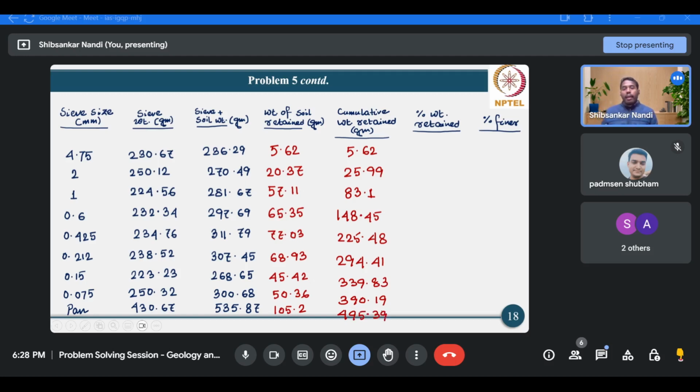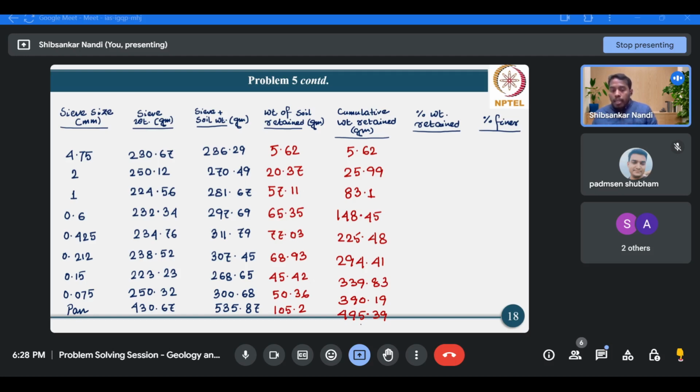Okay, I can make mistakes, so please cross check all these values. So in this way we have got the fifth column, that is the cumulative weight retained on each sieve, starting from 4.75 mm to 0.075 mm.